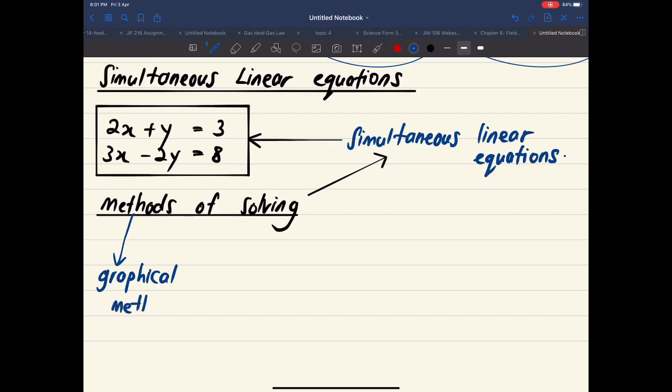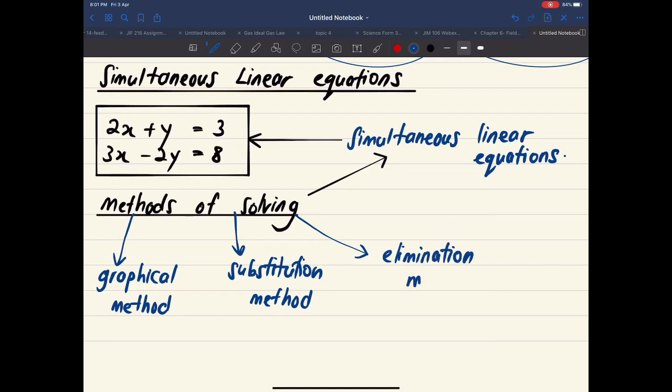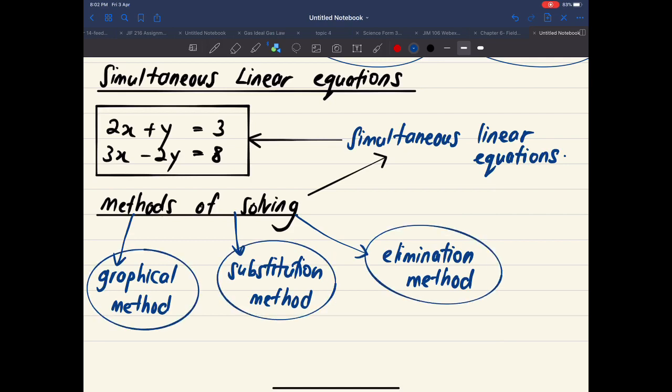The graphical method, the substitution method, and the last one is the elimination method. These are the three methods that we use to solve simultaneous linear equations.